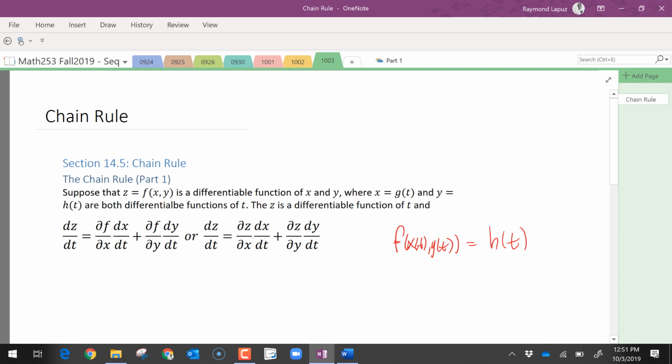So this idea of a chain rule, this derivative, has partial derivatives and has regular derivatives. And you kind of have to be able to look at it and identify which one's the partial derivatives and which one's the regular derivatives.